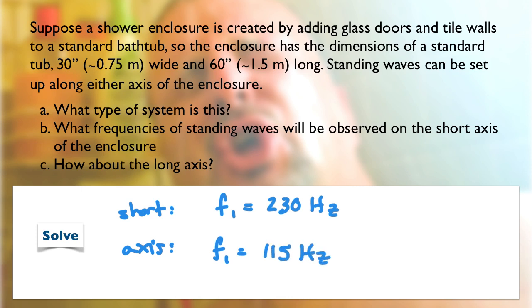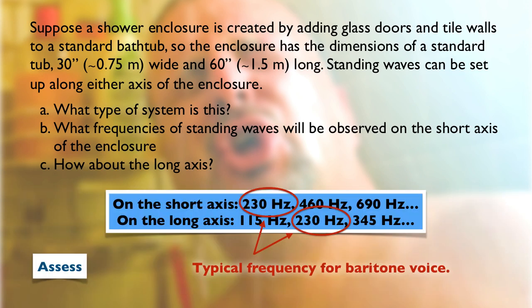So the frequencies that we'll get on the short and the long axis are just multiples of those values. On the short axis, I'm going to get 230 hertz, 460, 690, just multiples: F_1 and then 2 times F_1 and 3 times F_1, etc. On the long axis, 115, 230, 345.